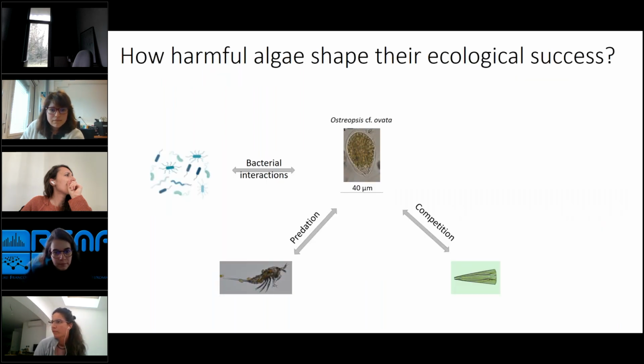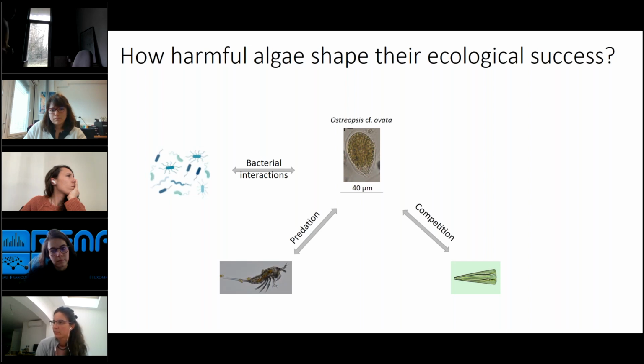So how do harmful algae shape their ecological success? Like any other algae, they're interacting with diverse organisms from the ecosystem. You have bacterial interactions, interactions with predators, and interactions with other microalgae that occupy the same niche in the ecosystem.